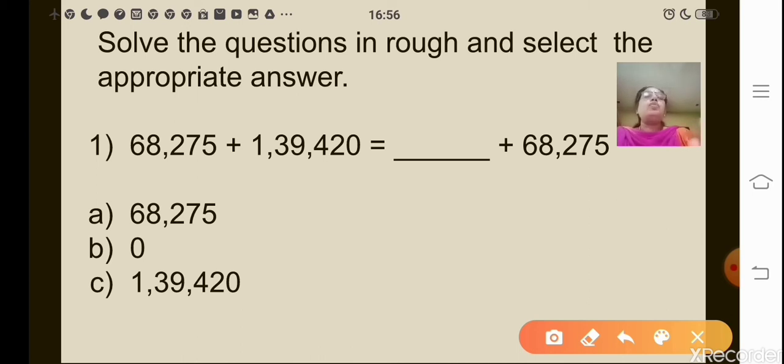Now here two numbers are given. Out of these two numbers, one number is already mentioned here. So that means which is your correct option? What should be the number here? That is, your option is the third one, that is 1,39,420. So this is according to the order commutative property. Correct?